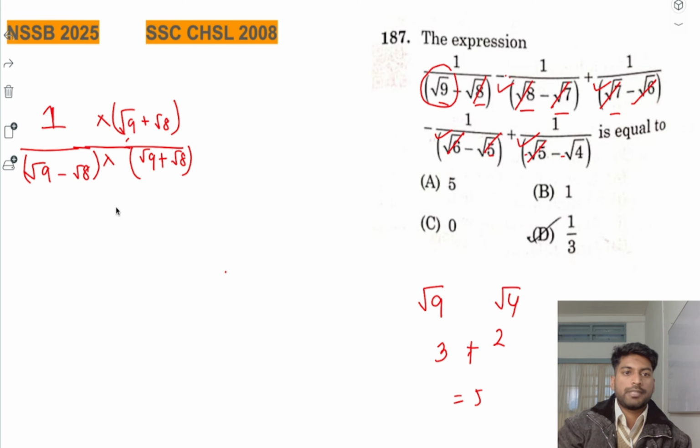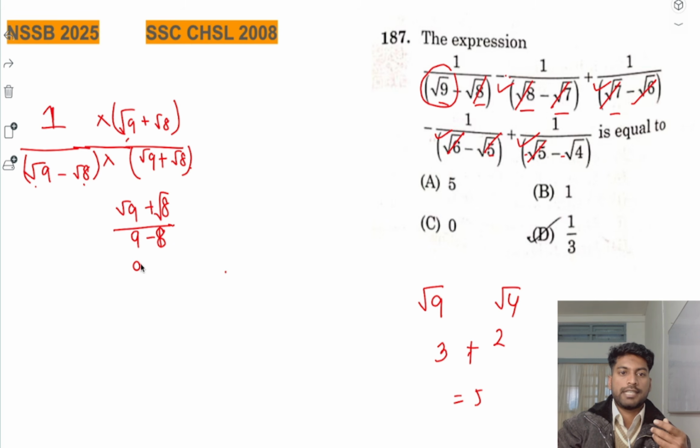So ऊपर में आपका हो जाएगा root over 9 plus root over 8 and नीचे में आपका रह जाएगा, अच्छा, this will be eliminated because a square minus b square, that is the algebraic formula. So it will be 9 minus 8.